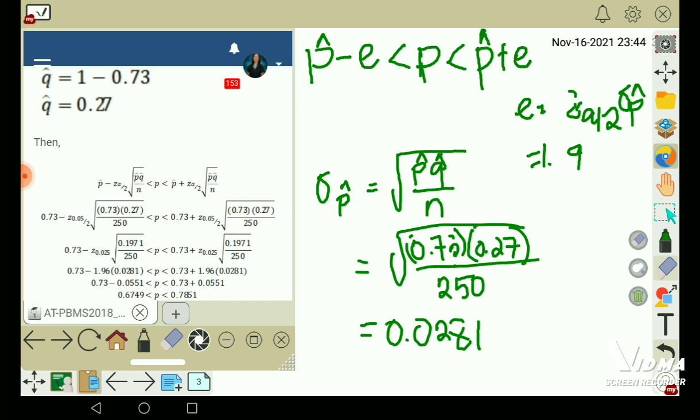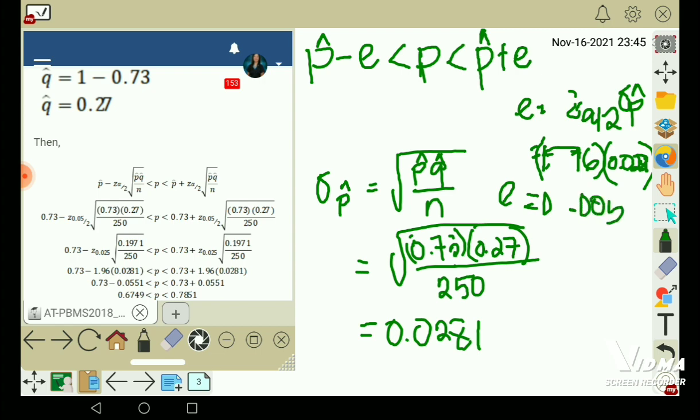Okay, so going back, we have already the Z sub alpha over 2, which is 1.96. Okay, we have the formula, E is equal to 1.96 times 0.0281. Okay, and that is, your E is given by 0.0551.